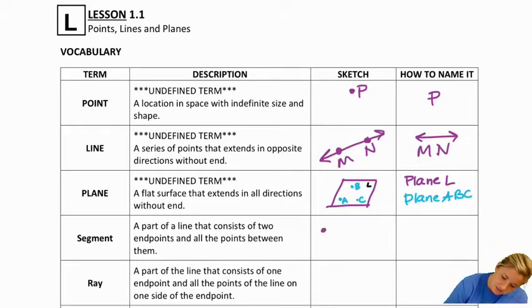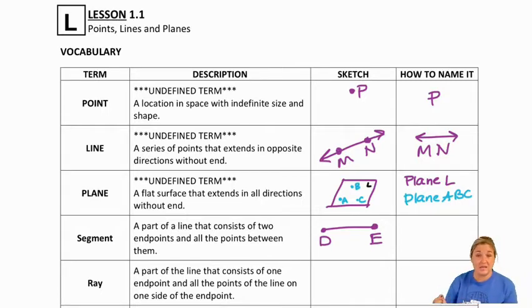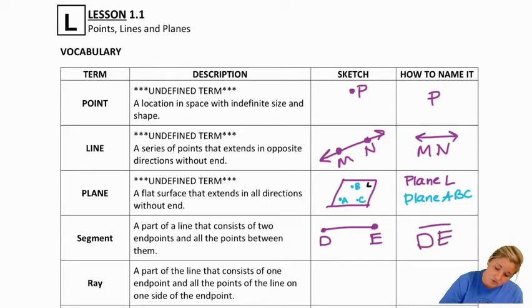So this is point D, and this is segment DE, but obviously there could be another point somewhere in the middle, and that's okay. So you would name this segment DE. Notice that you don't have the arrows on the end like we did with a line, it's just a segment showing that there are two endpoints there, and it's naming the two endpoints.